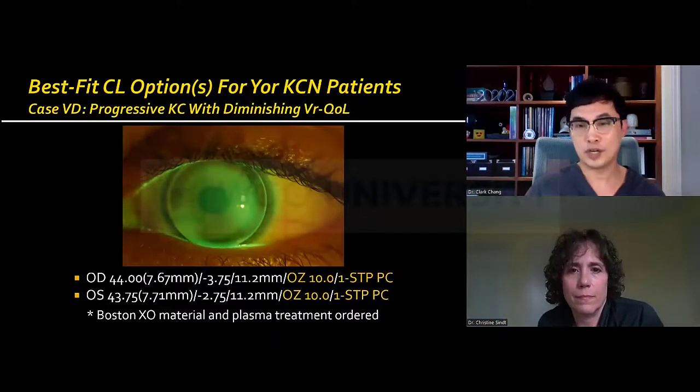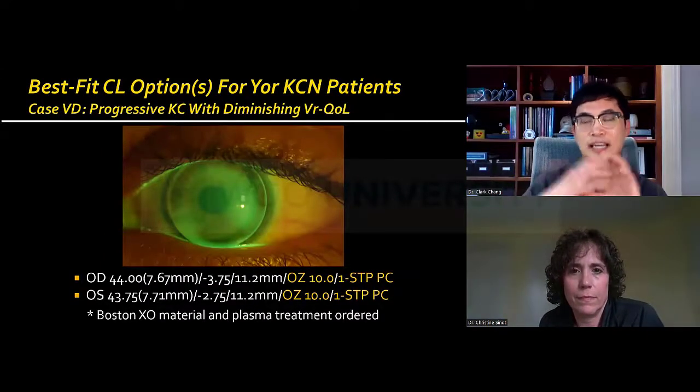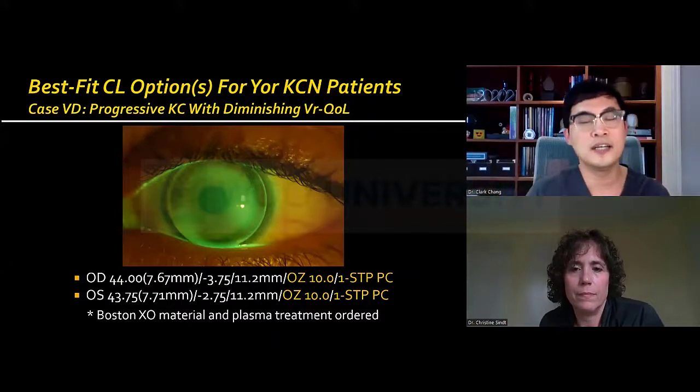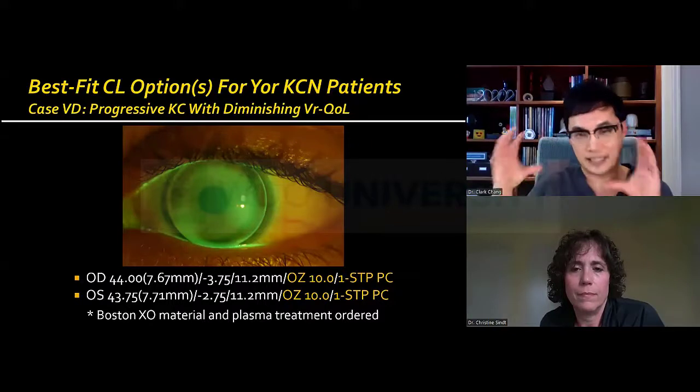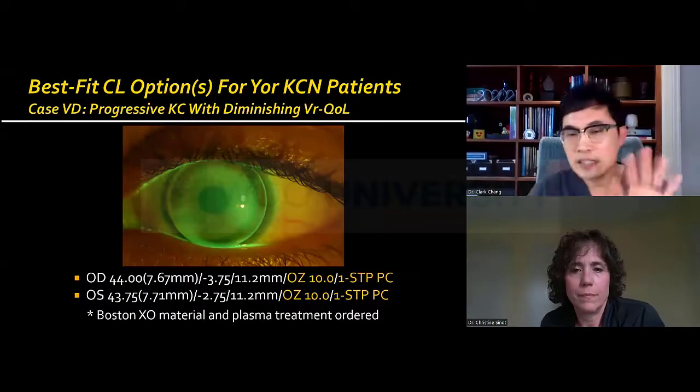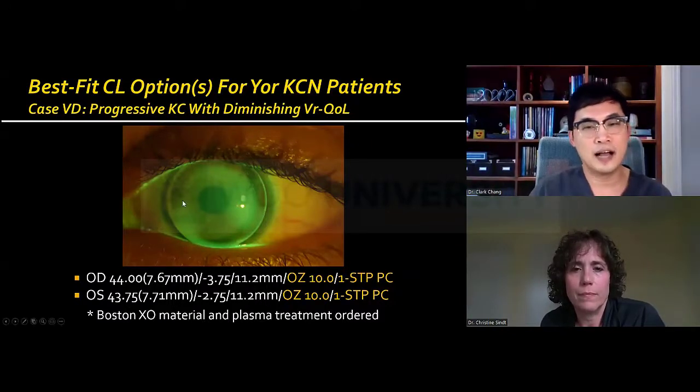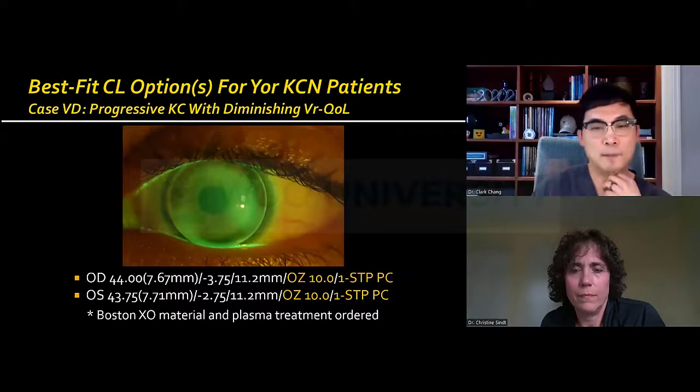Regardless, we went to a larger diameter GP to be able to get a larger OZ, very similar to the last patient that Christine had talked about. And you could see clearance centrally over the cornea. Is it better than the hybrid lens? Yes, to the patient.